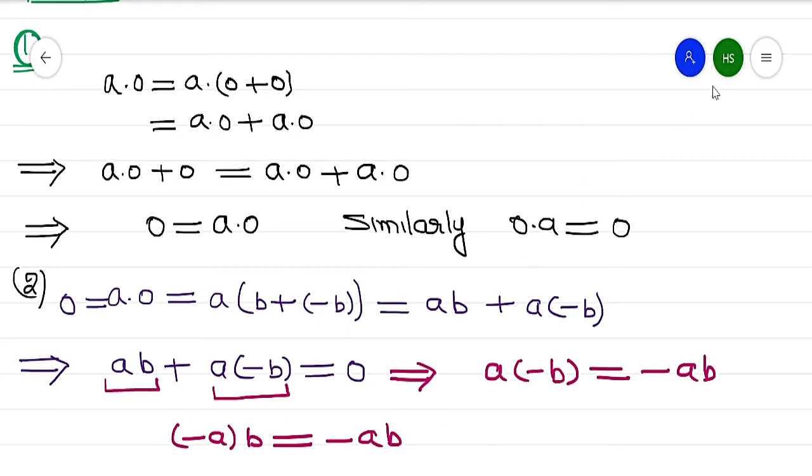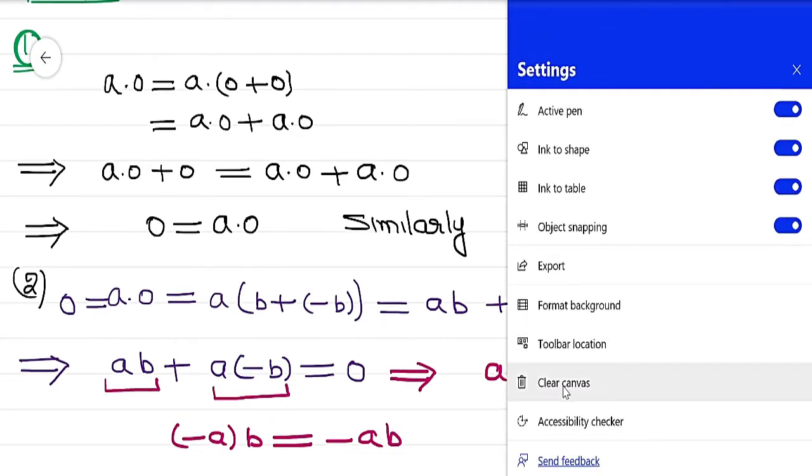Now what is result number 3? Result number 3 is minus a into minus b, which is equal to ab. What is the proof of this result?